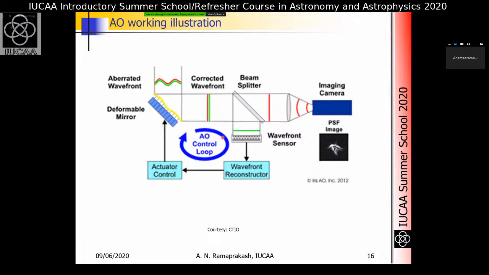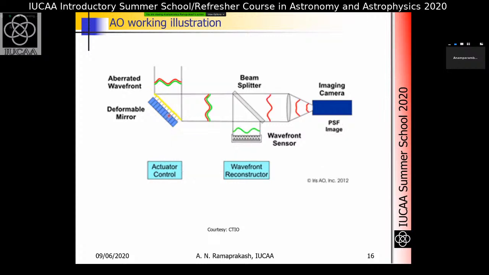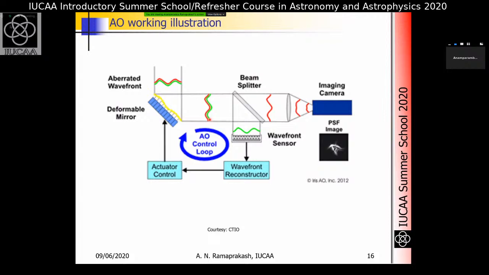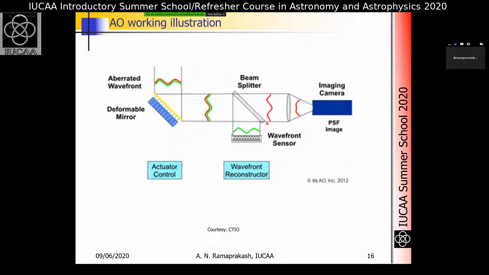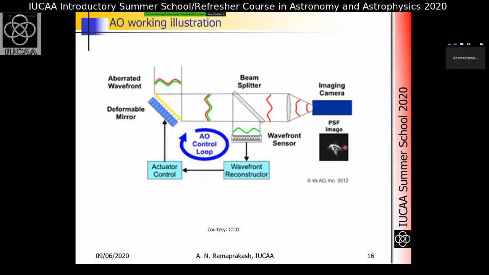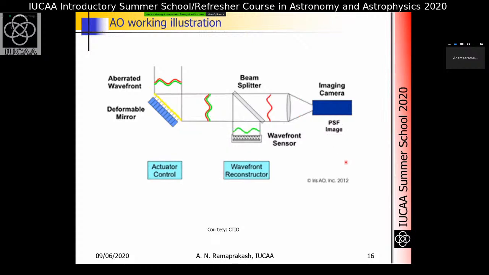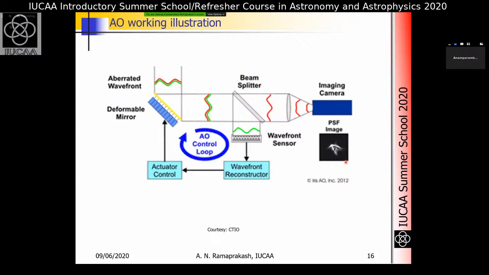You calculate what shape this deformable mirror should take so that these distortions are corrected and the wavefront is made parallel. And you do that in a closed loop continuously, very fast, faster than the rate at which the atmosphere is changing. And if you do that, you can end up getting fully compensated images, corrected for the atmosphere distortion, at the instrument focal plane. This is called an adaptive optic system.